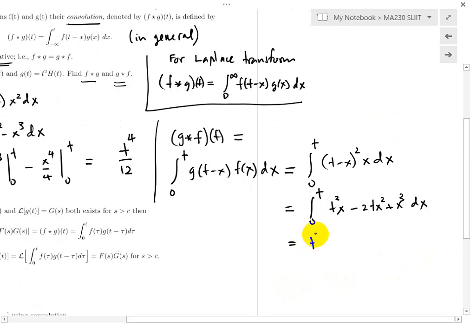So you get t squared x squared over 2 minus 2t x cubed over 3 plus x to the fourth over 4. So limits are 0 to t. So do your algebra, you should get the same answer, which is t to the fourth over 12. Okay.